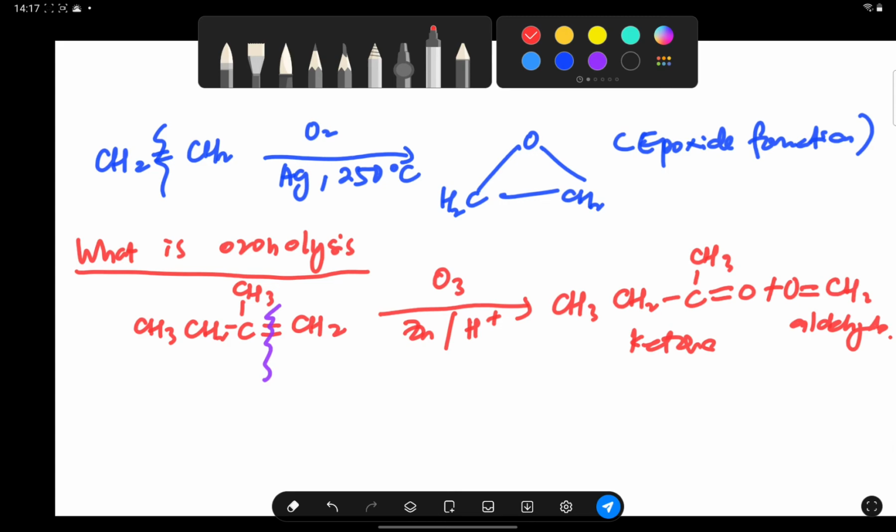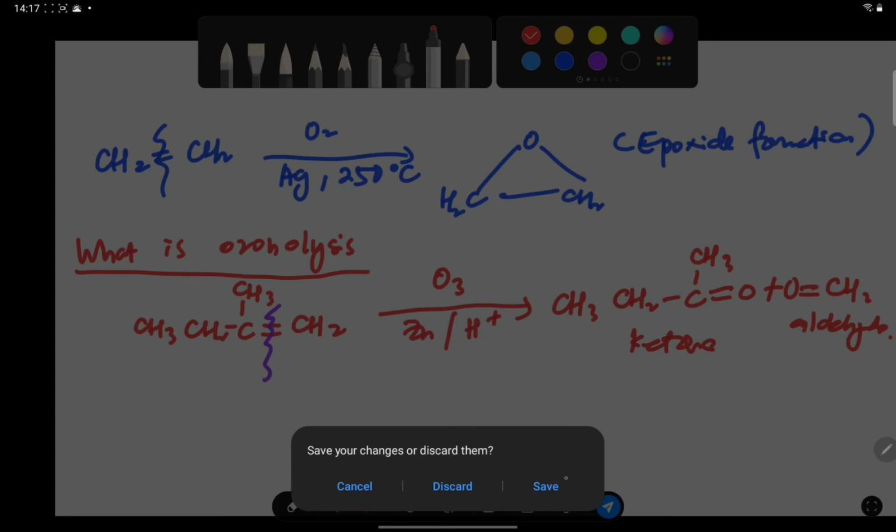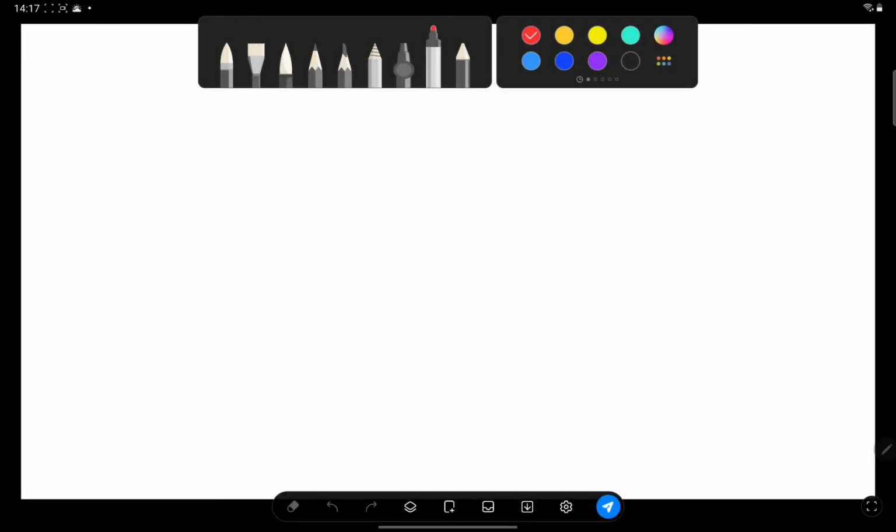And finally, the hydroxylation reaction. Hydroxylation reaction is another type of reaction of alkene.